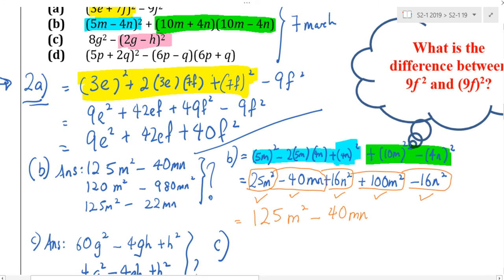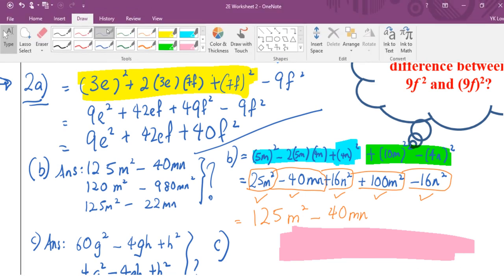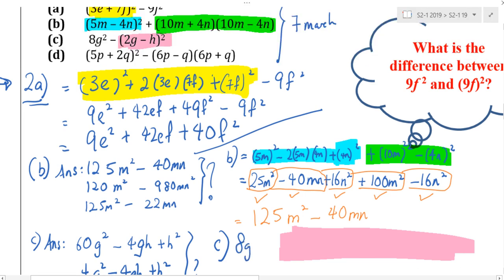This minus remains as minus. You understand? So I will have something like 8g squared minus, and then what is inside? You notice the bracket now I upgrade to square bracket, but I do the inside first.